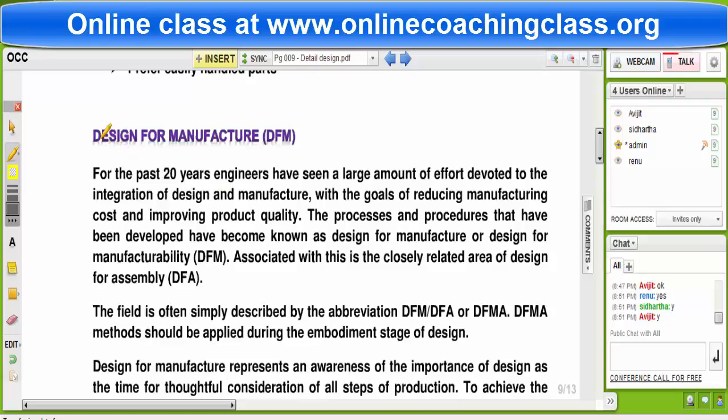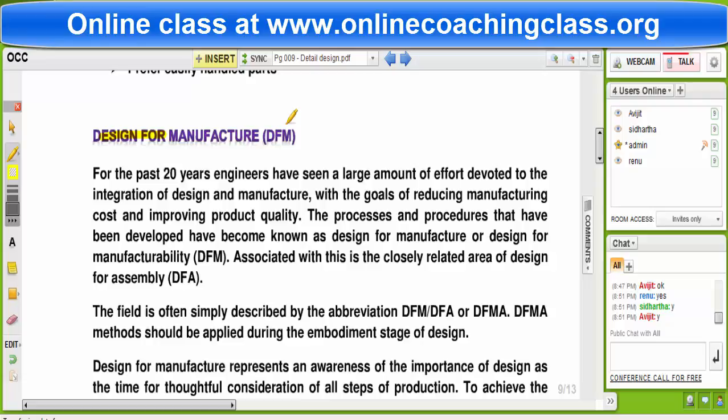Now another thing, design for manufacturing. See, the earlier was design for assembly, now that is design for manufacture. For the last or past 20 years, engineers have seen a large amount of effort devoted to the integration of design and manufacturing, with the goals of reducing manufacturing cost and improving product quality.